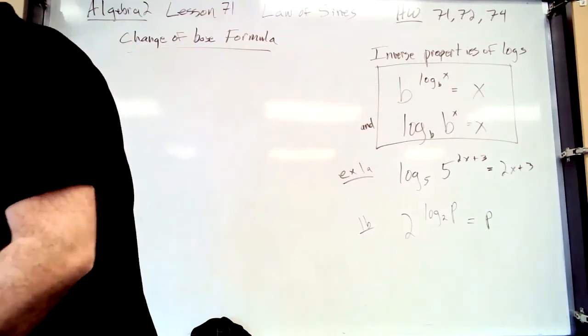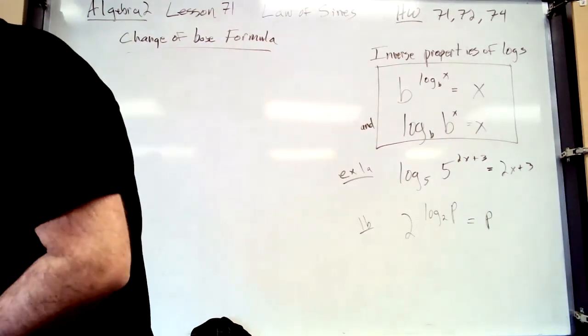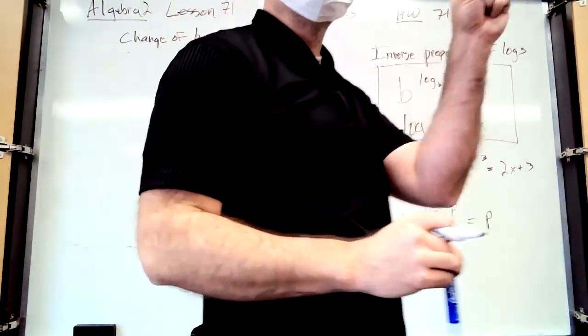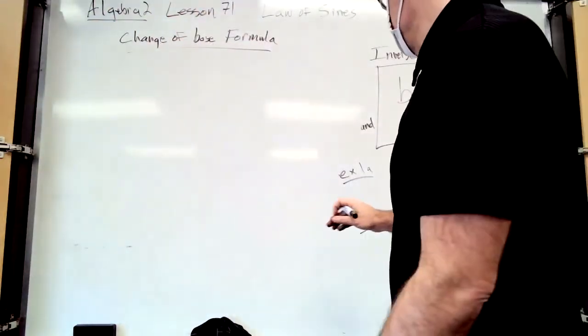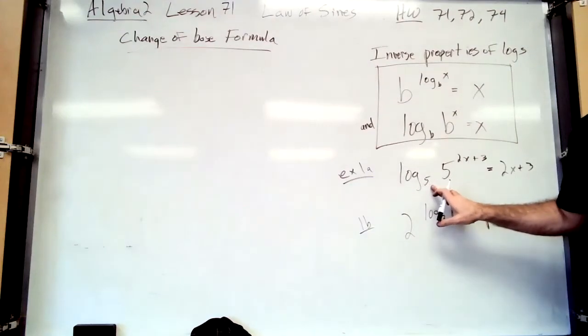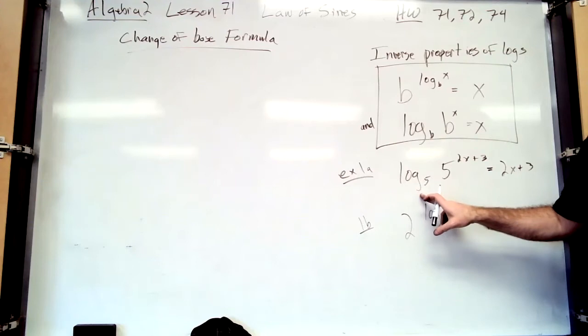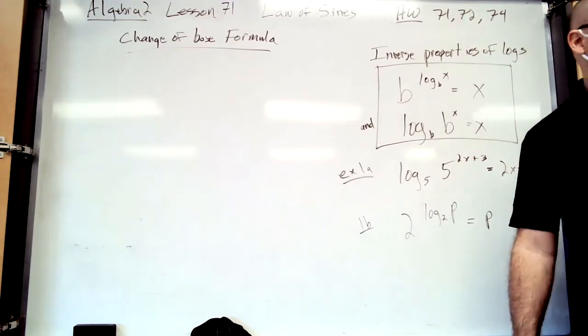What the heck does that mean? Here's what it means. Most calculators calculate logarithms only in base 10. So if you just see log with no little number there, then you can assume that it's just base 10. So LOG on your calculator is just log base 10.